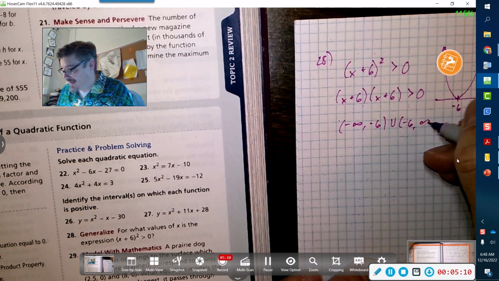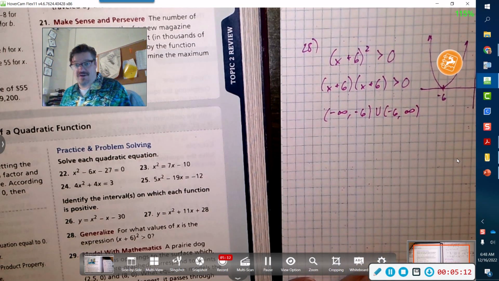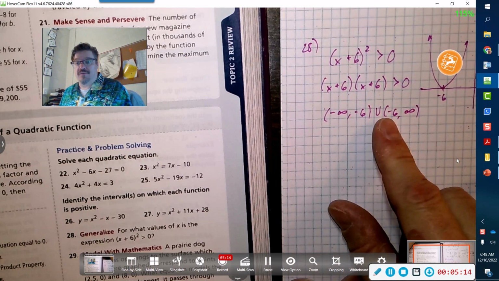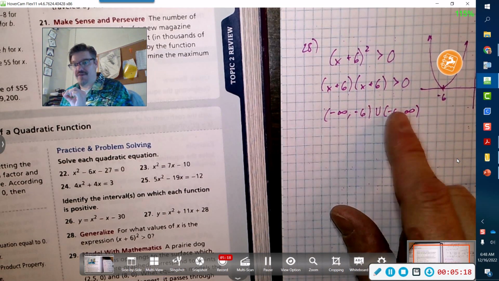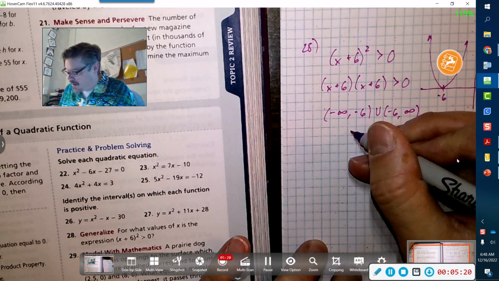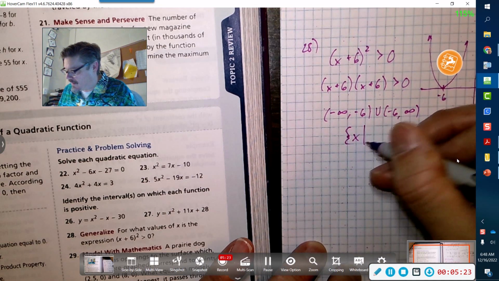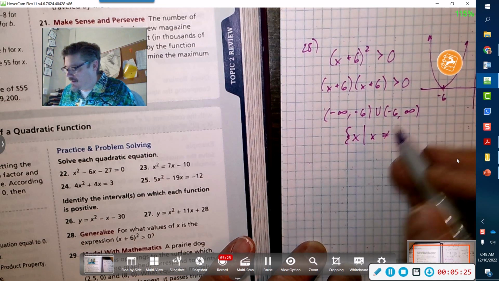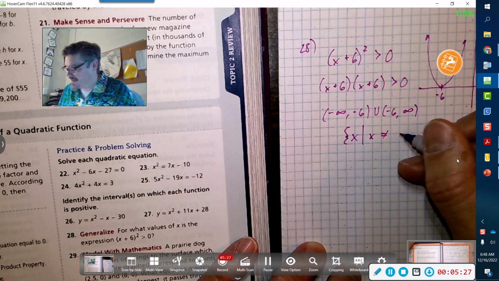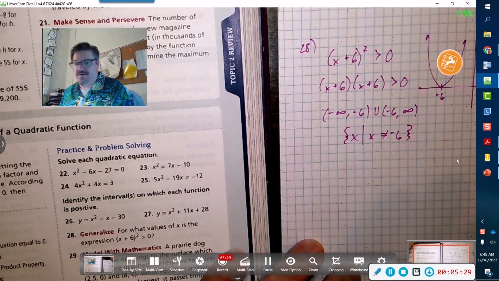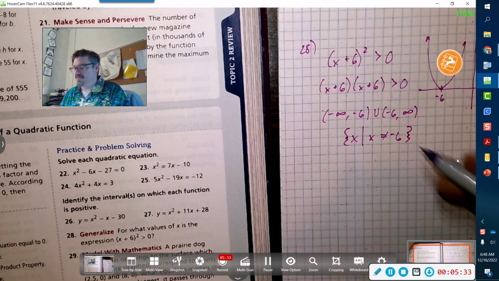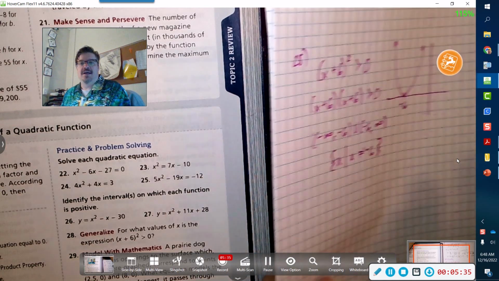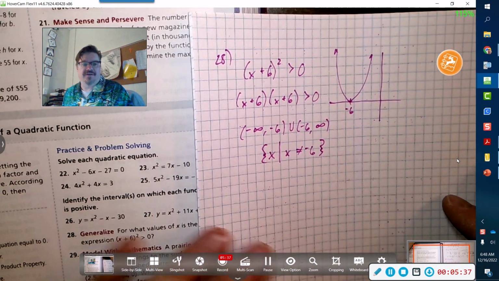If this makes sense to you, that's totally fine. I know it looks a little redundant, but what you're saying is you're not equaling negative 6 in either of them. Or, what I think is better, you can write it as all x such that x does not equal negative 6. That means everything else is fair game except negative 6. This is a little more succinct, a little classier.